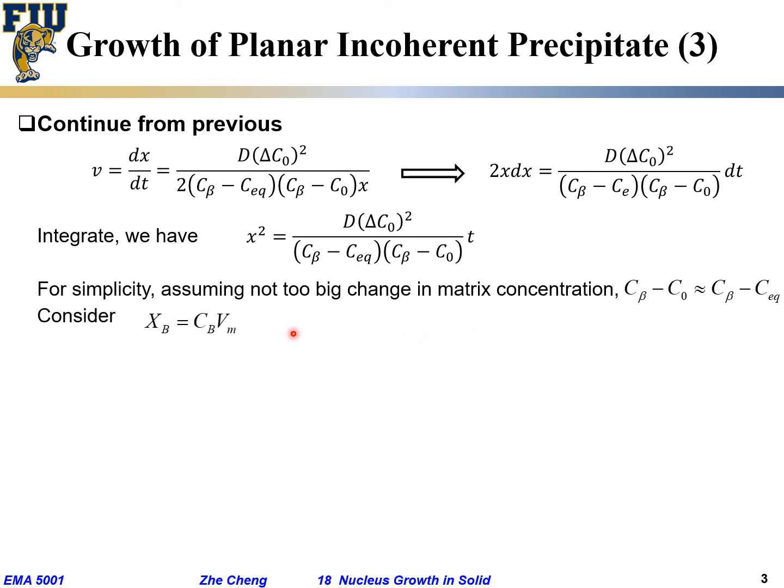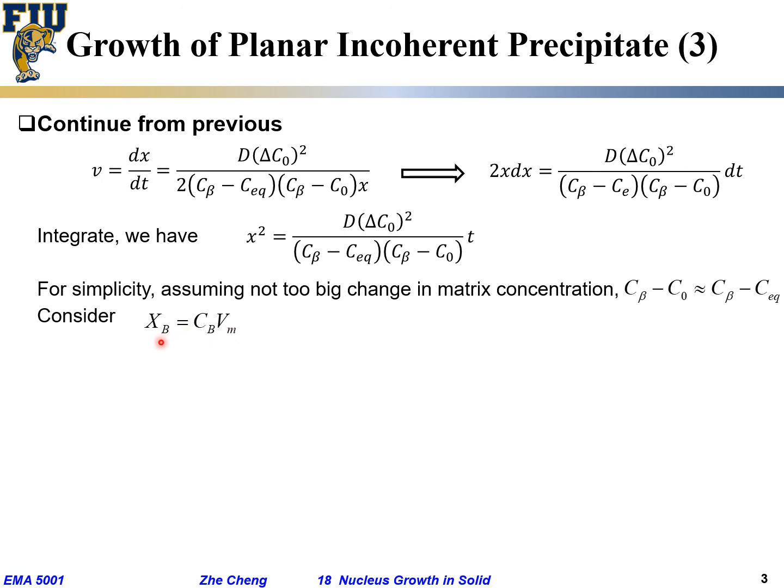Then, we consider another factor which relates the molar fraction Xb, the molar fraction of B atom with respect to the total A and B, to the local beta concentration times Vm, the molar volume. Okay. The molar fraction equals the local B concentration by volume times the molar volume.